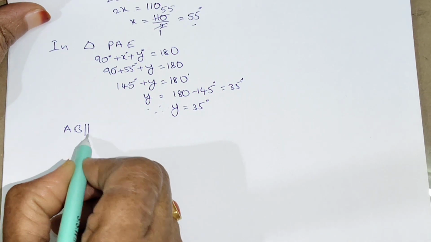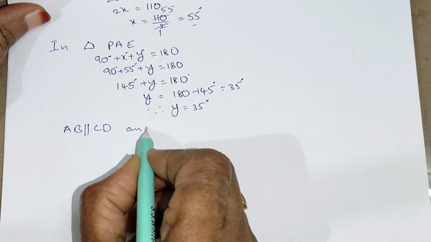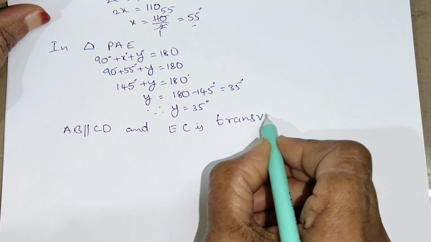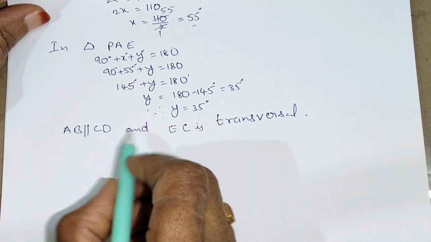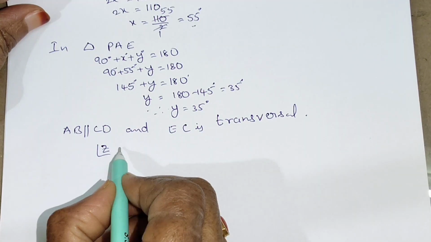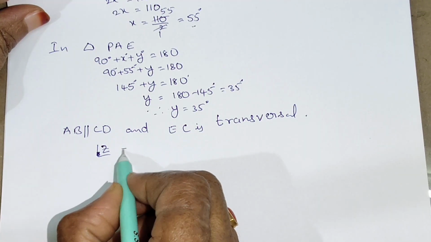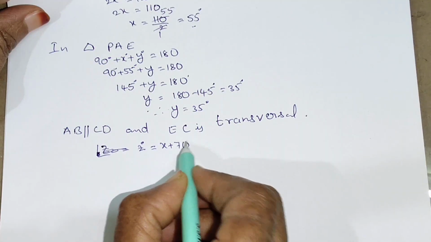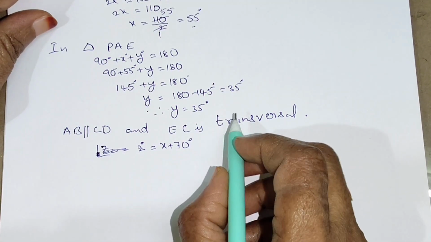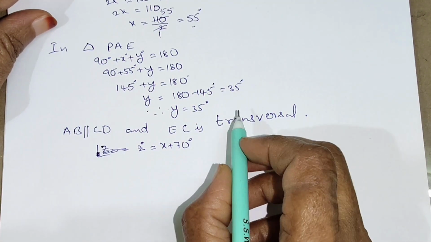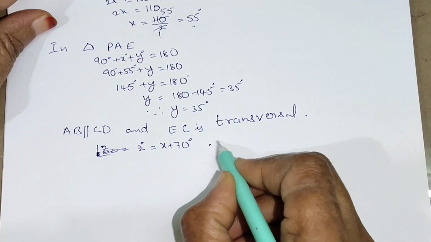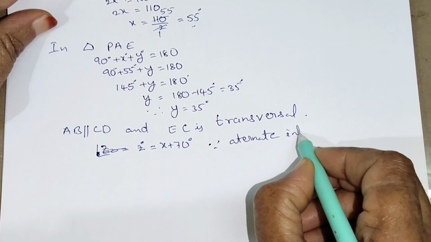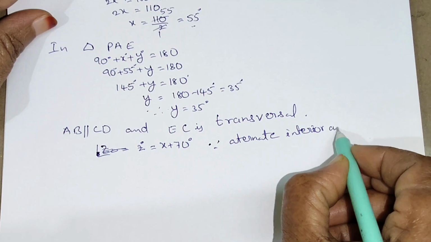AB is parallel to CD and EC is a transversal, so angle z degrees is equal to x plus 70 degrees, because these two are alternate interior angles.